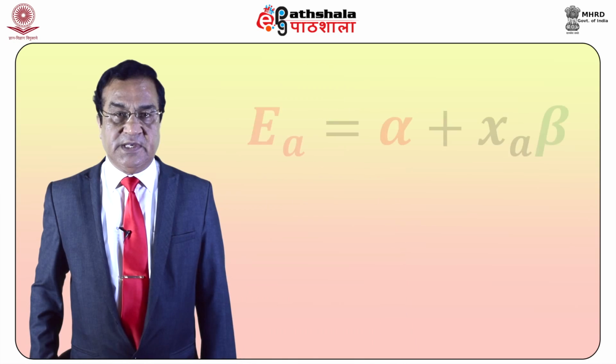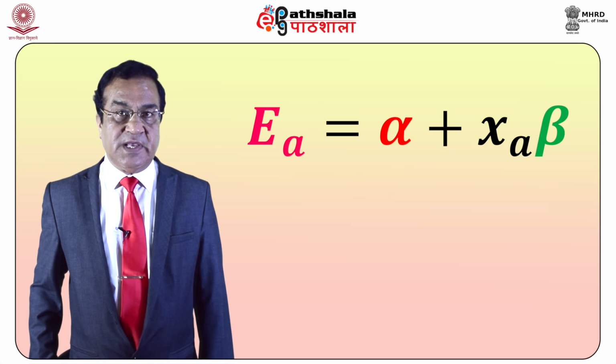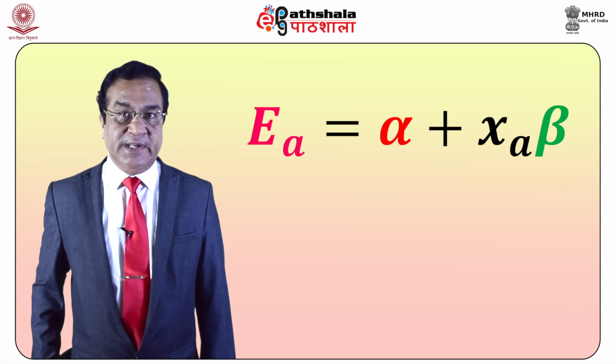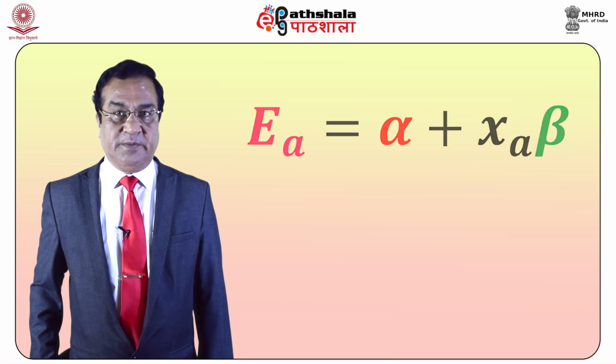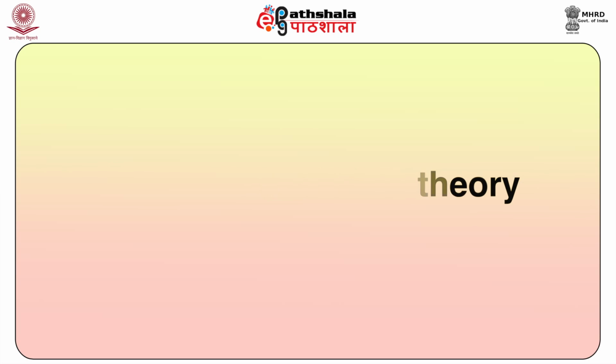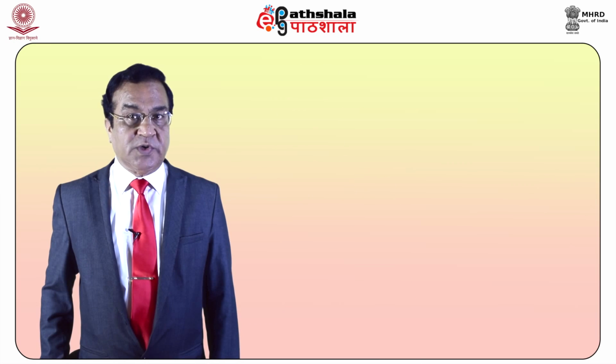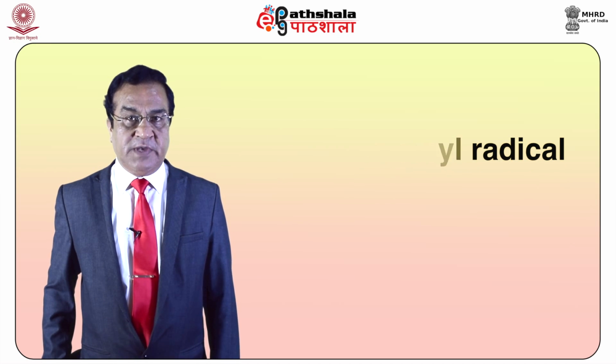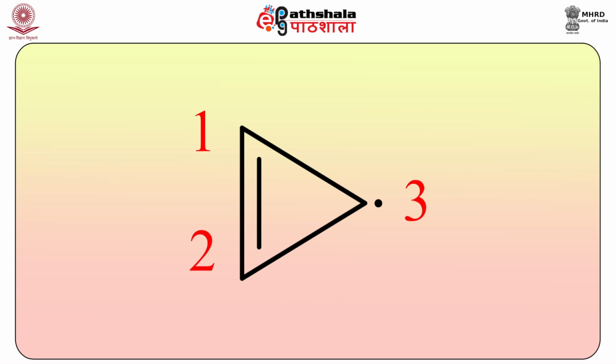The energy of any ath molecular orbital is given by E_a equal to alpha plus x_a beta, where x_a is the ath root of the polynomial equation obtained by expanding the secular or Huckel determinant. After this quick recap of HMO, let's now apply this theory to the cyclic conjugated hydrocarbon cyclopropenyl radical. As you can see here, it is a 3 pi electron system in which each carbon atom contributes 1 pi electron.